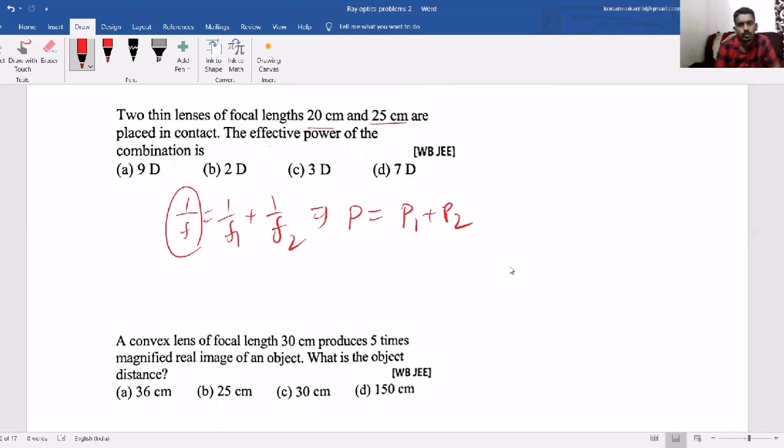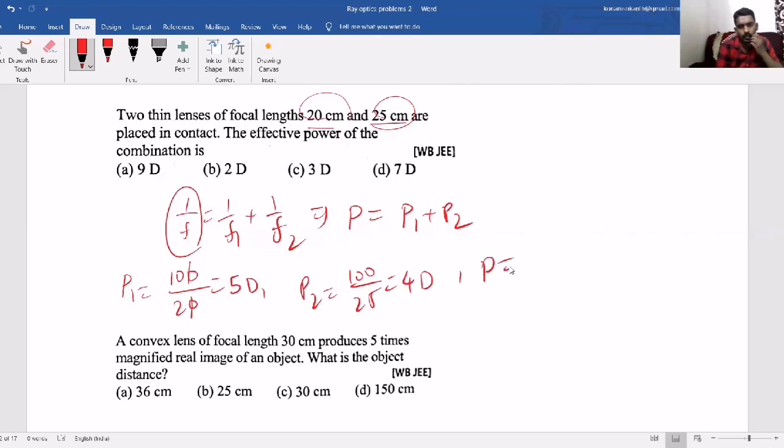That's it. Now P1 is, as I said, 100 by F when F is in centimeter, so it becomes 5 diopter, and P2 becomes 100 by 25, that means 4 diopter. So the effective power becomes P1 plus P2, 5 plus 4, that is 9 diopter.